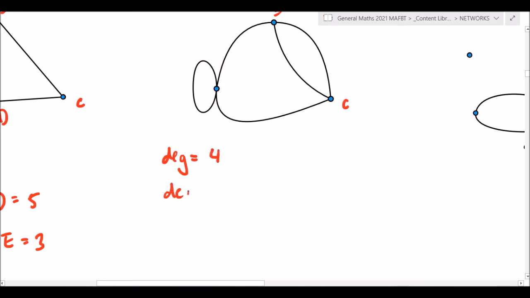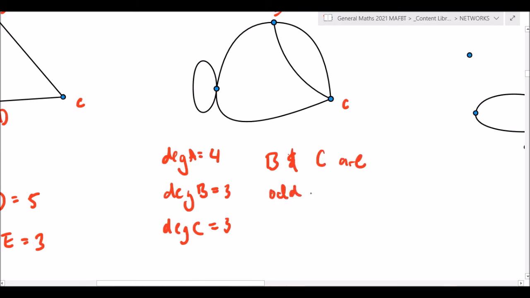The degree for B is going to be 1, 2, 3. 3. The degree for C, you've got 1, 2, 3. So that means B and C are odd vertices.